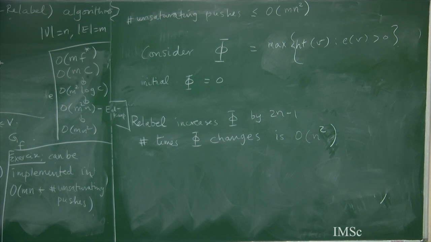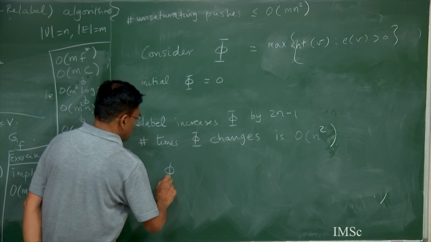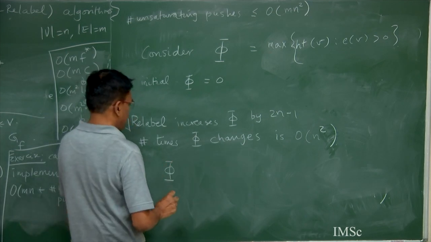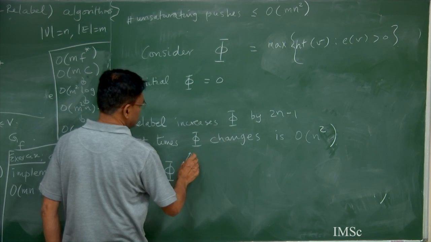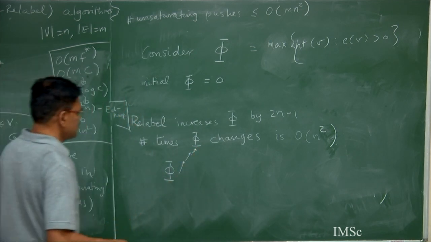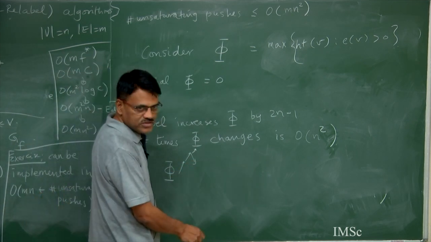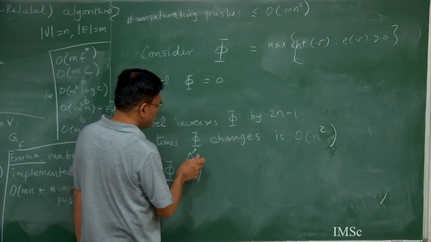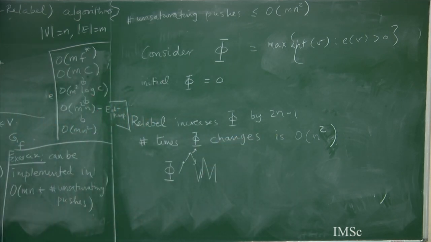I'm saying the number of times this object phi changes, because a relabel operation can increase it. So there will be n squared many relabel operations, and others will come and decrease it, but I can't make it go below 0. So the number of times they will do it is at most the number of relabel operations, which is n squared.